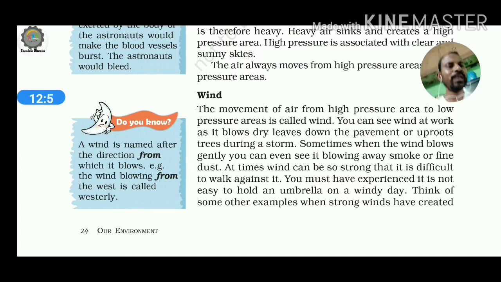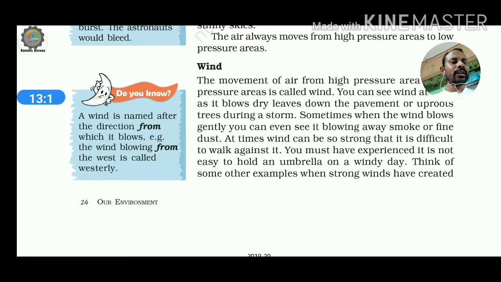All these relate to the condition of low pressure in which a storm can blow, in which a cyclone may be created. Not only the direction of the wind but also the speed of the wind is determined indirectly by the temperature and air pressure. I think it is clear to you.